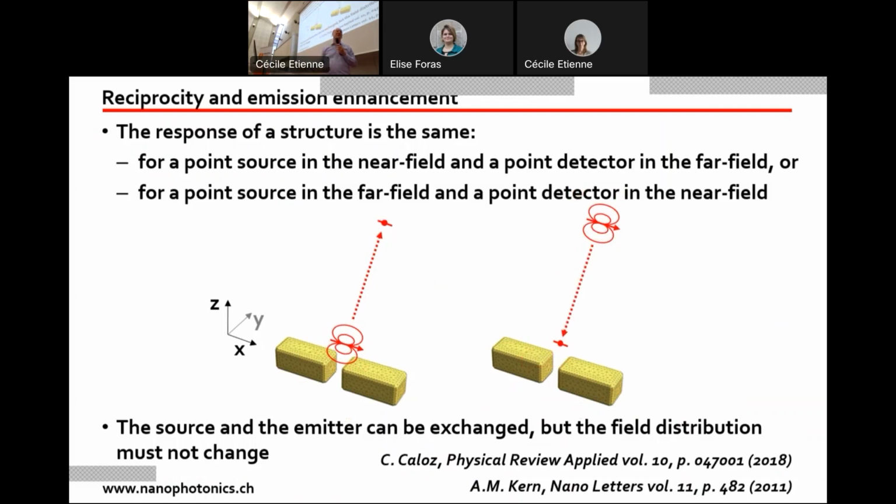It's a tricky thing because it is something which is vectorial, like most electromagnetic phenomena. So you have to choose the orientation of your dipole. You have to choose the same for the polarization when you compute from the far field. But if you do that, you should be able to obtain exactly the same results.